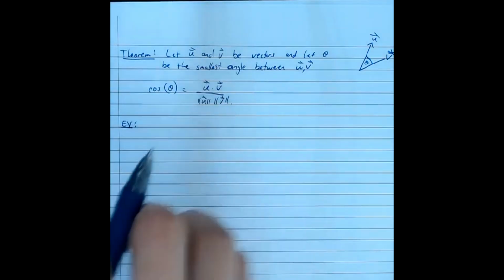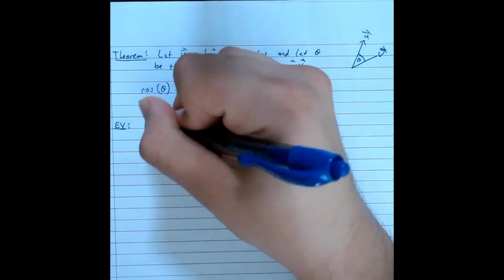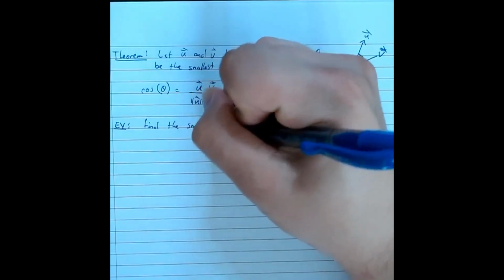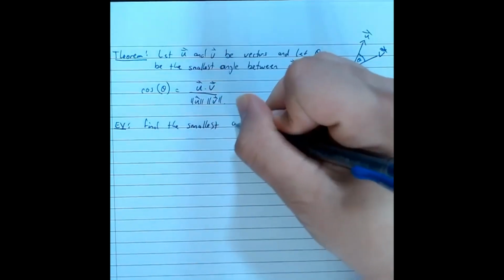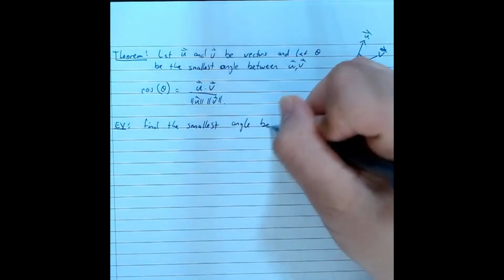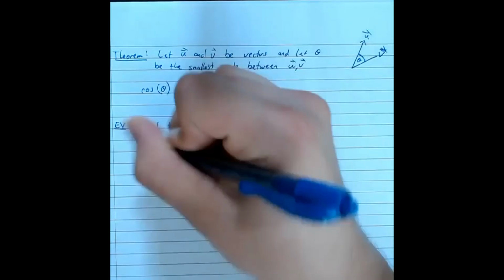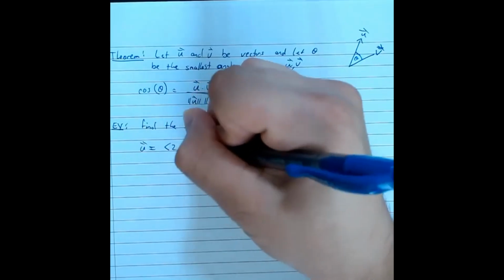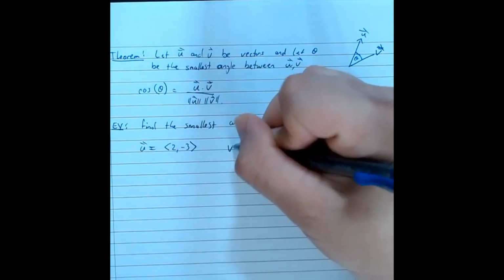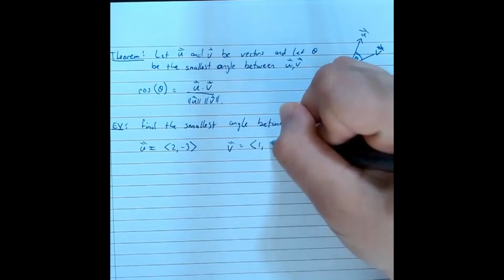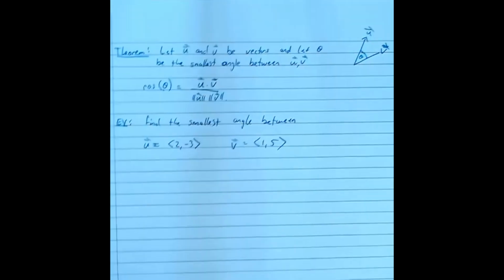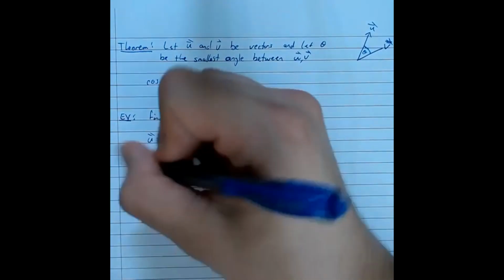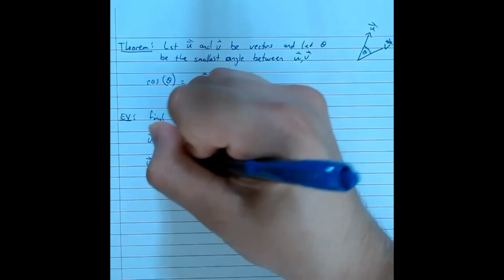So here the example, find the smallest angle between the vector u, which is, let's just say 2 comma negative 3, and let's say the vector v is 1 comma 5. Okay. All right, we're going to go ahead and take first the dot product, u dot v.